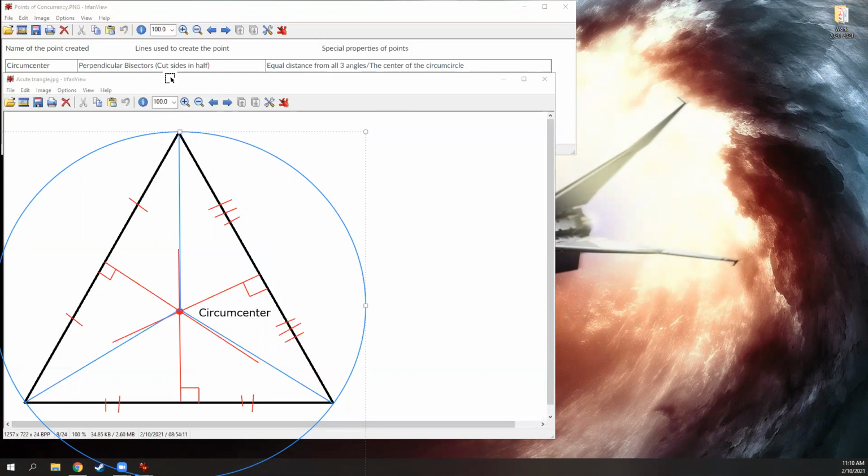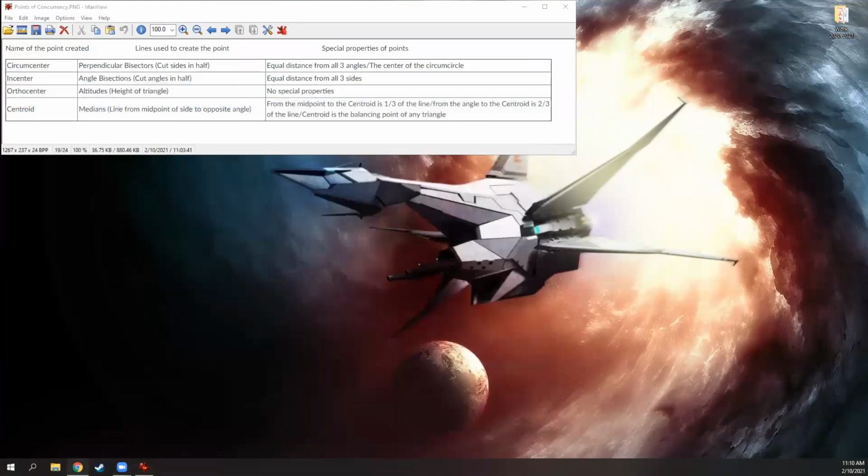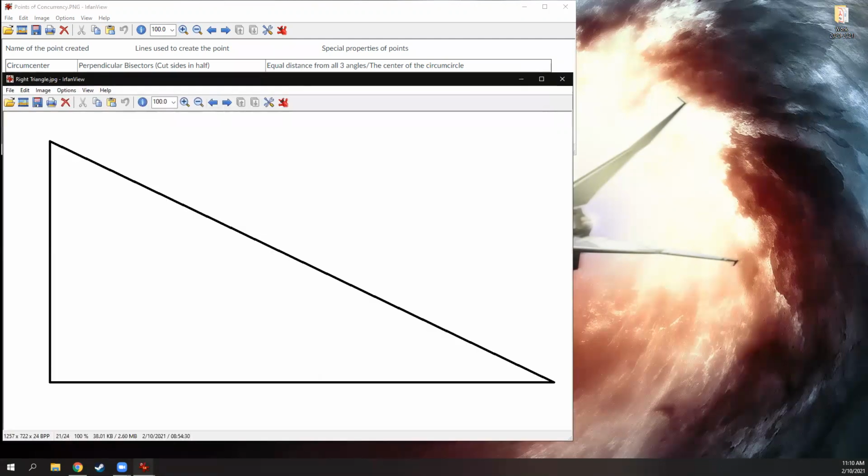So that is circumcenter. Thing is, though, that's circumcenter in an acute triangle, which is why this video is going to be pretty long, because circumcenter changes drastically depending on the kind of triangle you have. For instance, if we sling a right triangle over here, we're going to get a couple of things that are a little different.